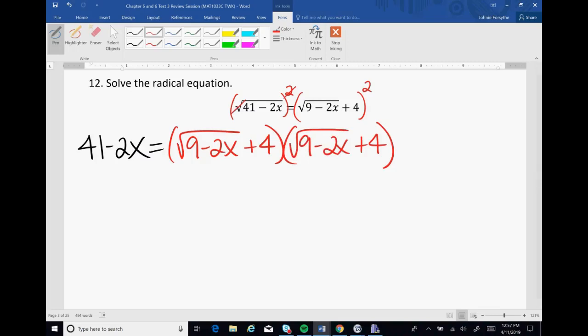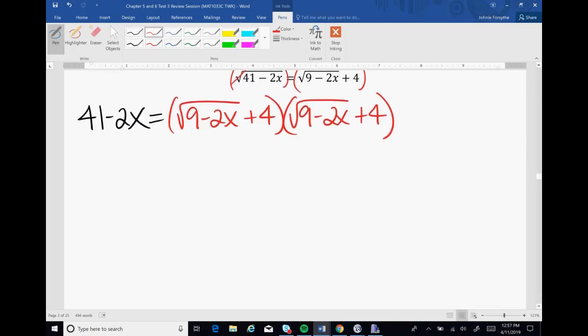So the left side is going to kind of hang out while we work on this right side. So on the right, I'm going to FOIL. So the square root of 9 minus 2x times the square root of 9 minus 2x. And remember what we said, we're multiplying two identical radicals, so I can just drop the radical sign, the square root, and just write 9 minus 2x. Alright?